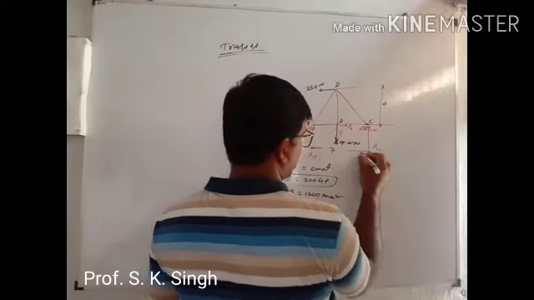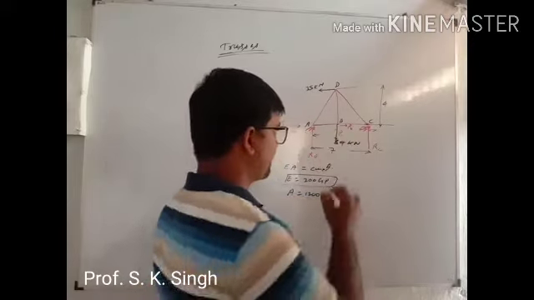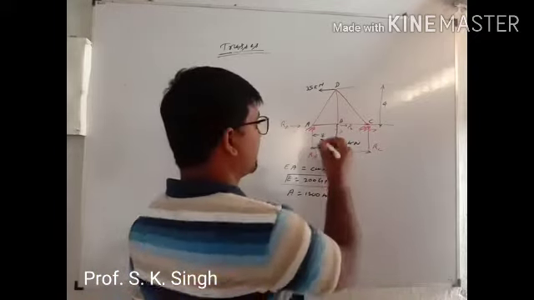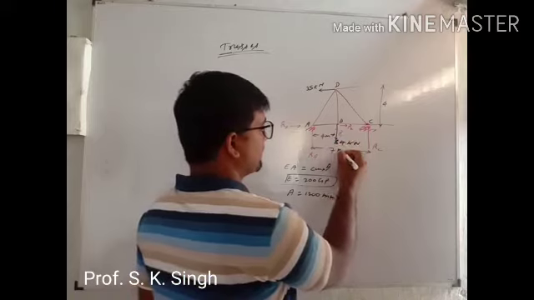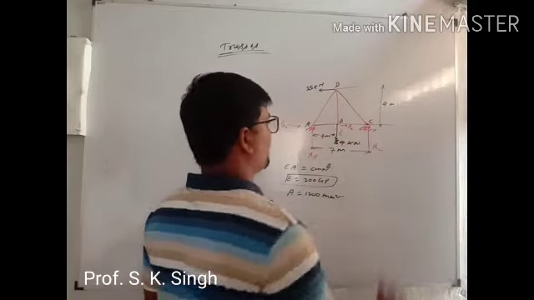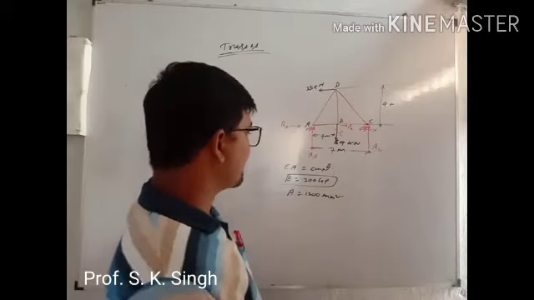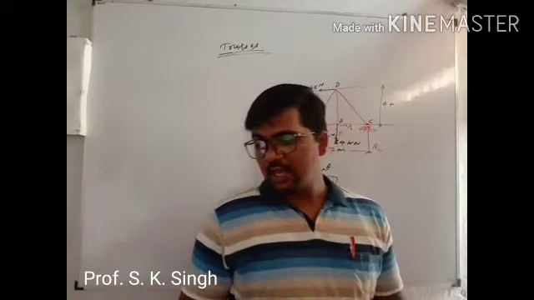This is 7 and this one is 4. All are in meter only. 4 meter, this is 7 meter, this is 4 meter, and this one is 3. These are the things given in the question.